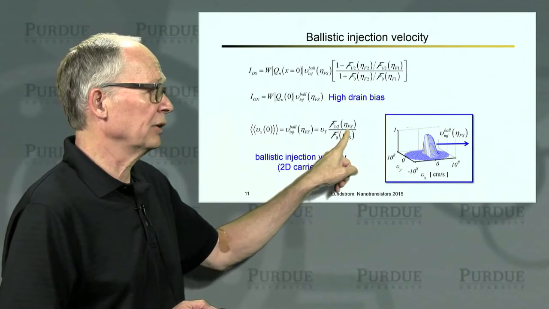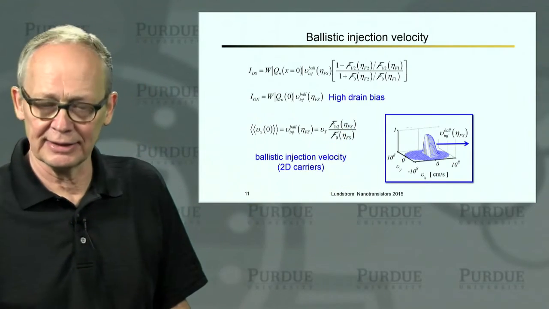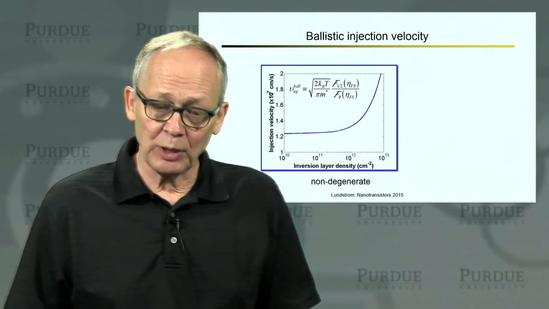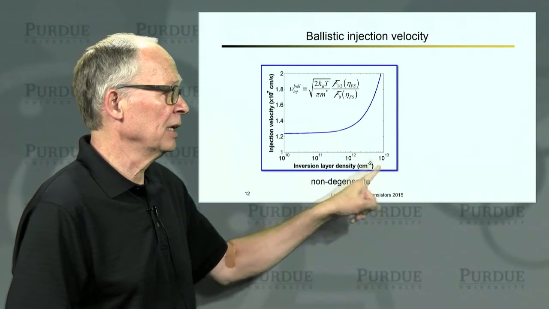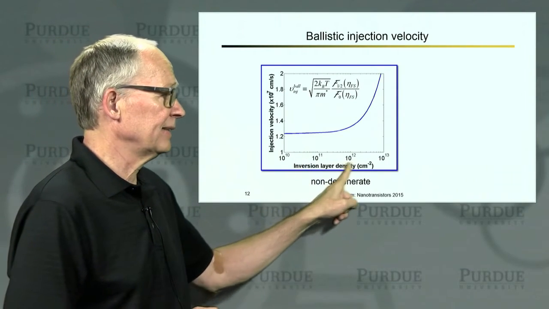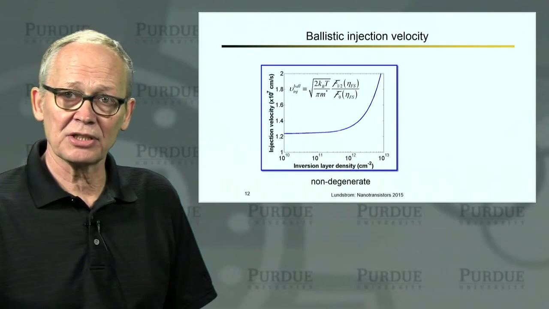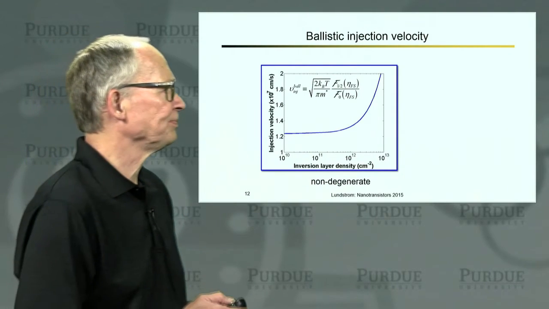It depends on the location of the Fermi level when we can't assume non-degenerate conditions. So if we plot it as a function of the electron density at the top of the barrier, we'll get a curve that looks like this. And since the electron density is controlled by the gate voltage, we will have a gate voltage dependent injection velocity.